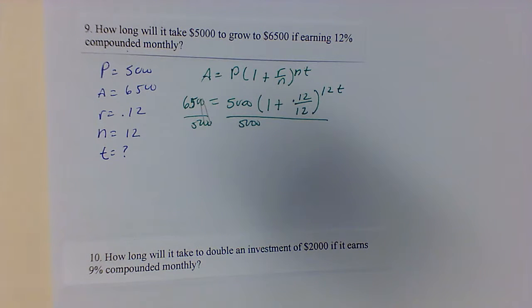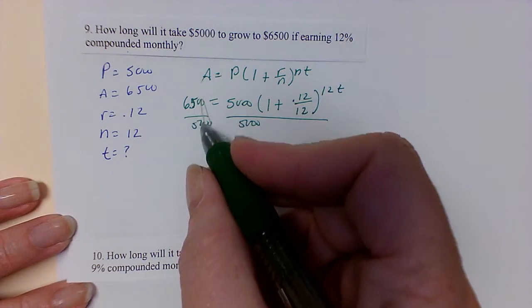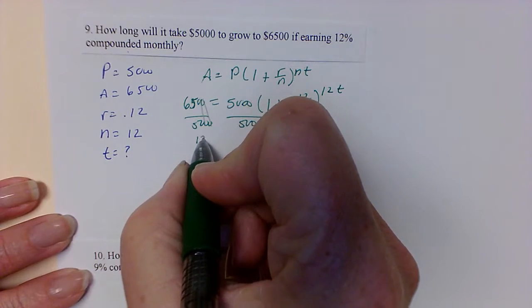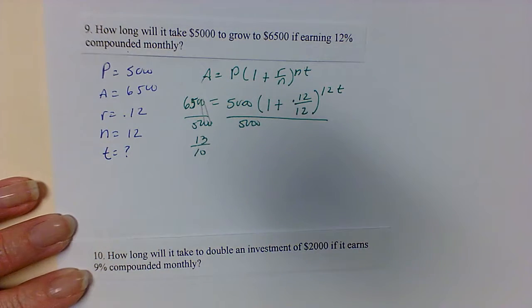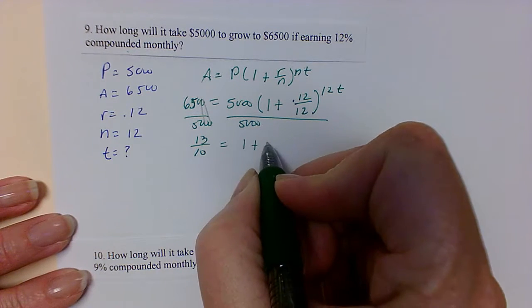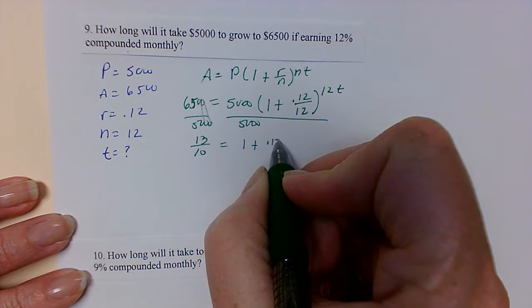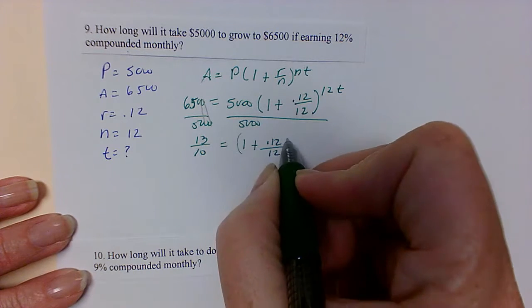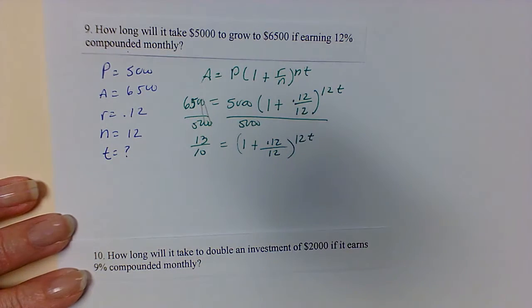So we could reduce that down to divided by 5, and we could reduce it to 13 divided by 10. So 13 divided by 10 is going to be equal to 1 plus 0.12 divided by 12 raised to the 12t.